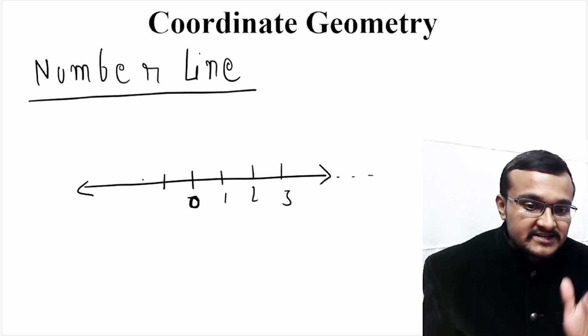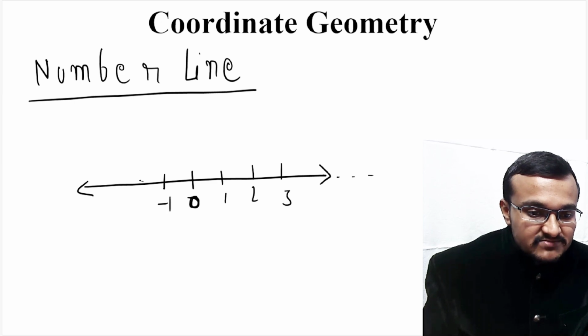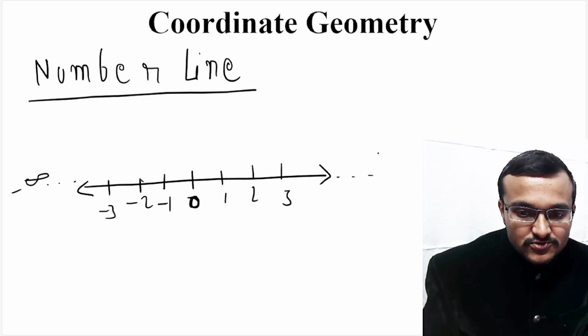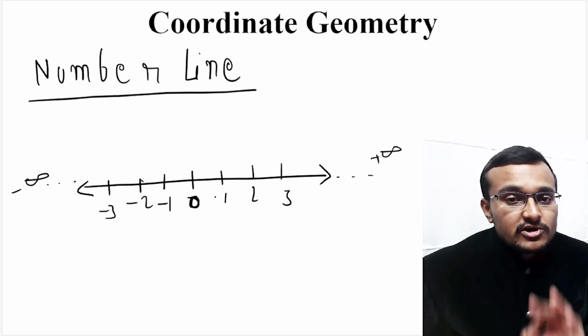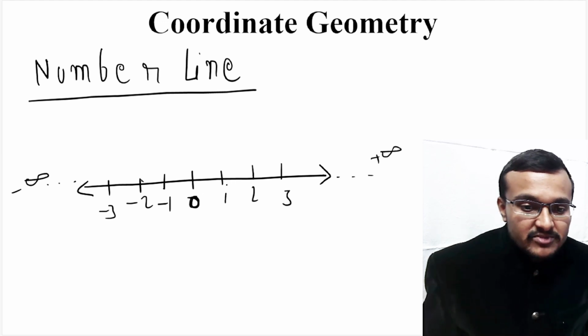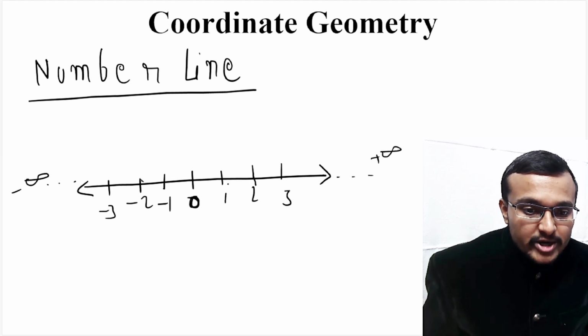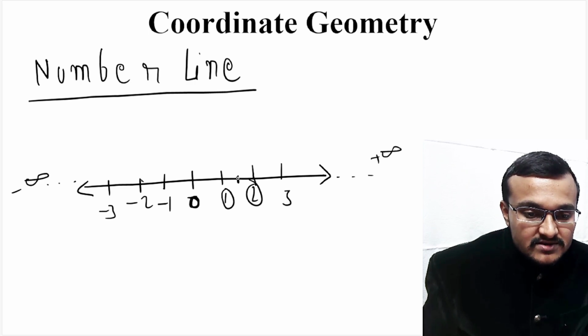To our left hand side, we have negative numbers, that is -1, -2, -3, and it goes on like this, up to minus infinity, and here it goes up to plus infinity. Now if I want to locate 1.5 on this number line, you know exactly the midpoint between 1 and 2 will give you the value 1.5.